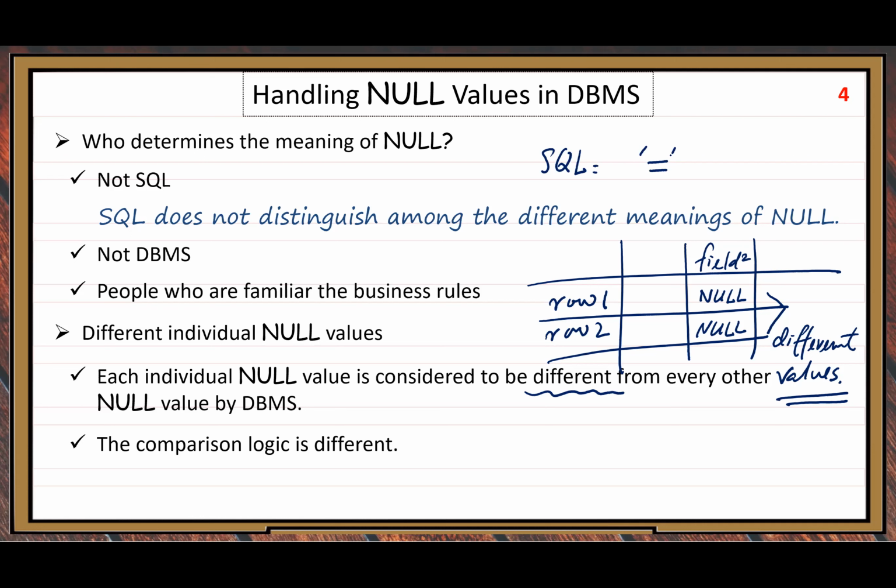In programming languages we use double equal to compare A with B and check if they have the same value. But in SQL, it's a single equal when you do comparison, not double. You may feel it's assignment, but here it's comparison.